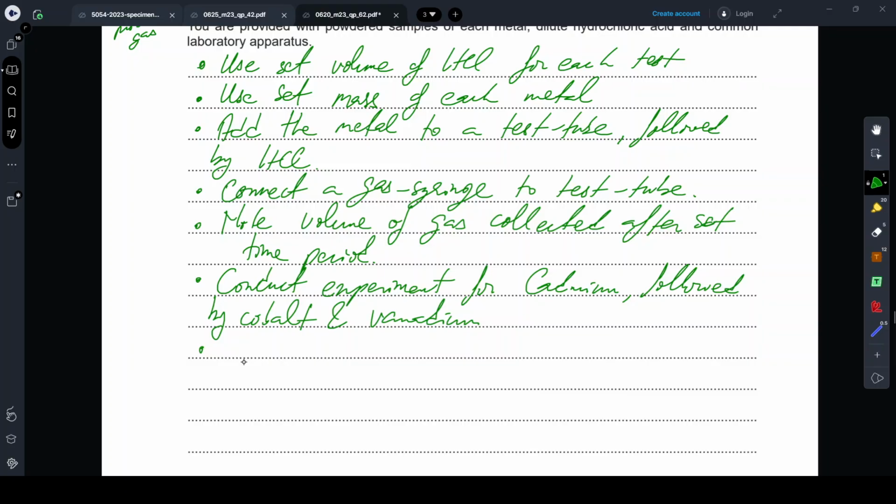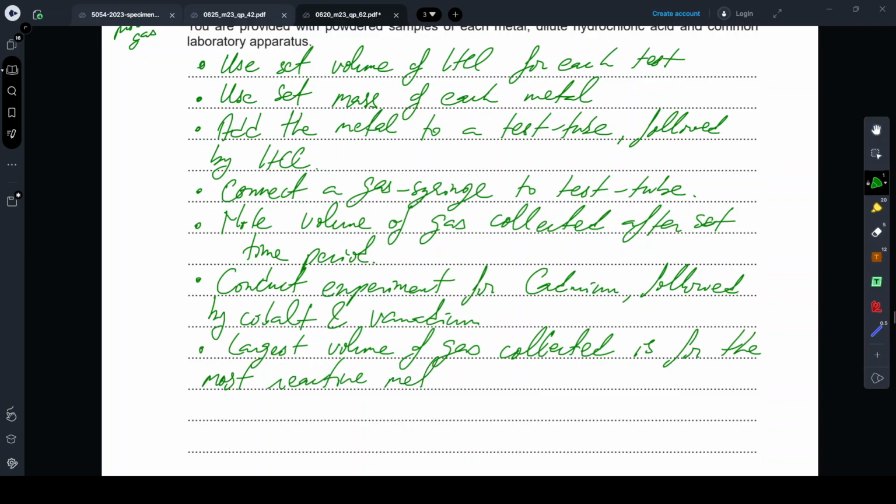Because the time is fixed, the variable that you're measuring is the volume of gas. And so the largest volume of gas collected is for the most reactive metal, right?